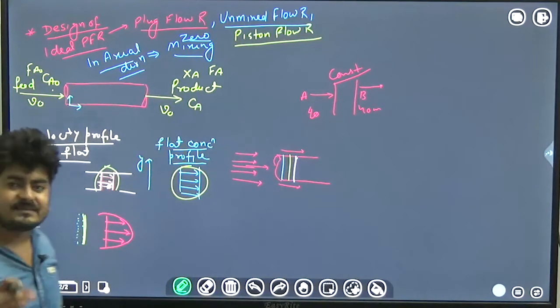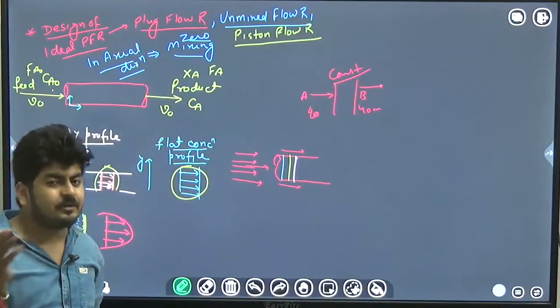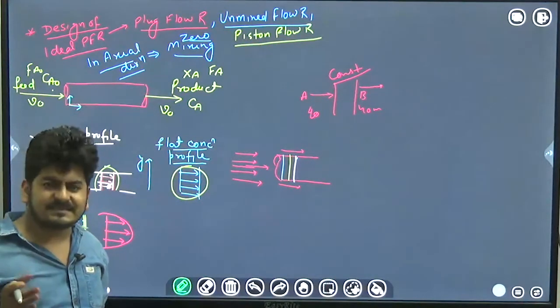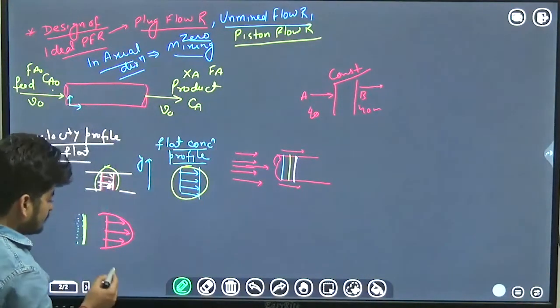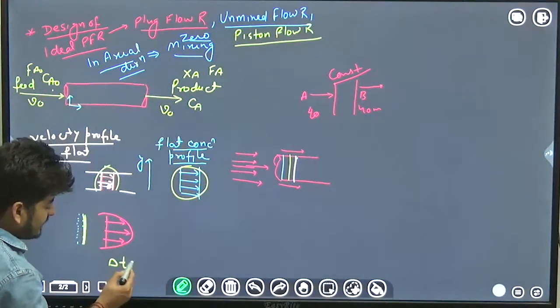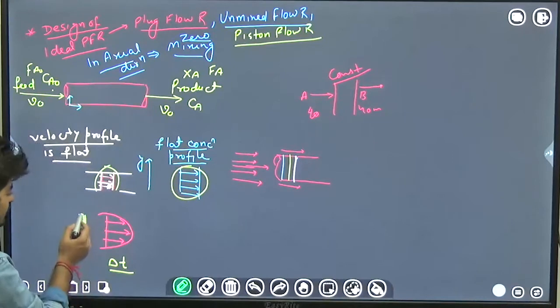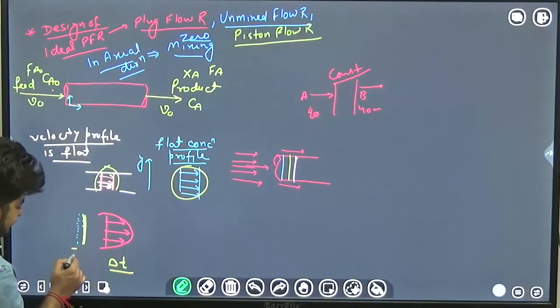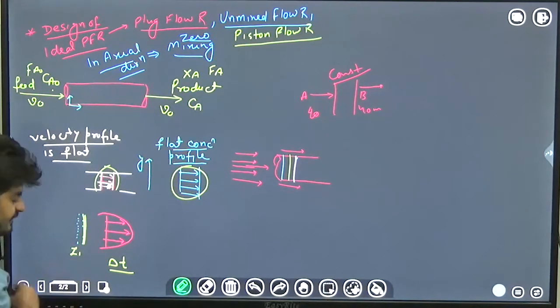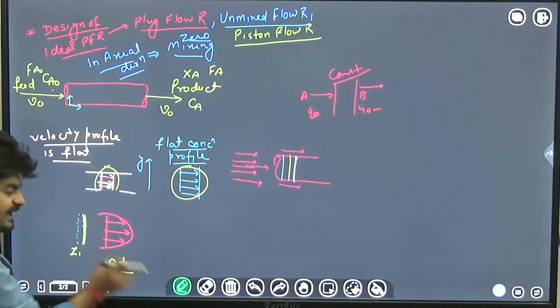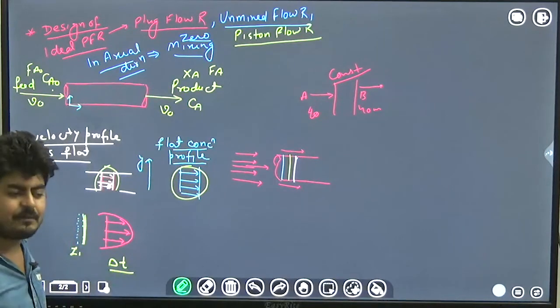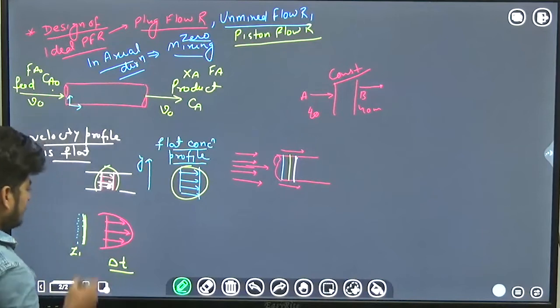What is distance? Distance means speed into time. So for the same delta t, for the same time interval, initially all molecules are here at length z1. After time delta t, what will be the position of molecules?